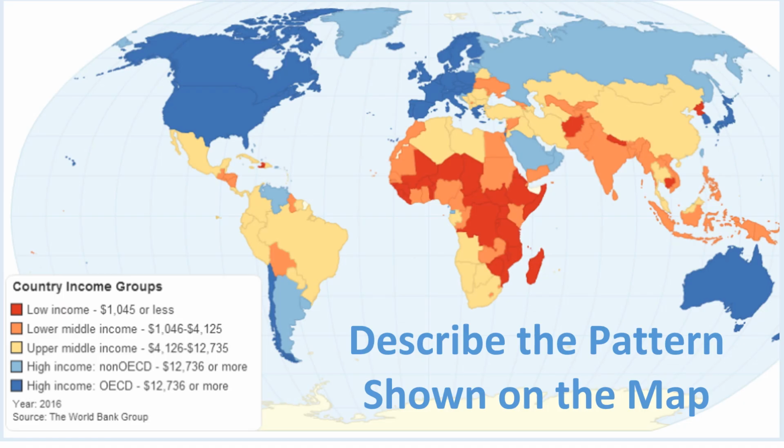So in terms of looking at the patterns here, I'm just going to name them out as we go, but you can obviously see that there are a lot of high income countries, especially when we look at the Western world, so to speak. So North America, including the US and Canada, Chile, Argentina, in terms of South America, most, if not all, of Western Europe, and most of Europe overall.